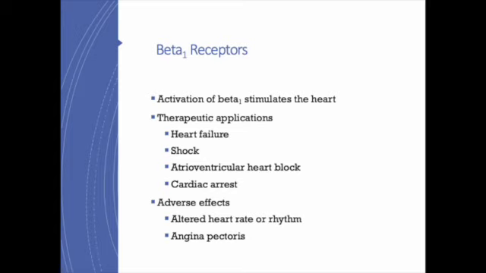And because the activation of beta 1 receptors in the heart has a positive inotropic effect, meaning that it's going to increase the force of contraction, drugs that activate the beta 1 receptors improve cardiac performance. We can also use it for shock, which is profound hypotension with reduced tissue perfusion. The primary goal of treating shock is to maintain blood flow to the vital organs. Because we're able to increase heart rate and force of contraction, the beta 1 stimulants can increase cardiac output, improving tissue perfusion that can be reduced during shock.